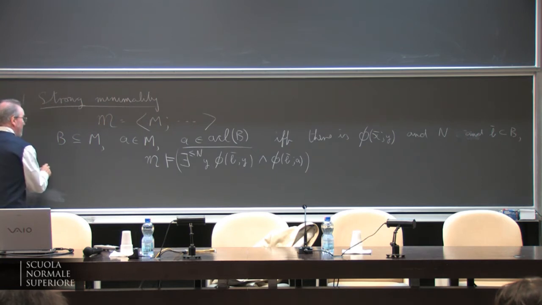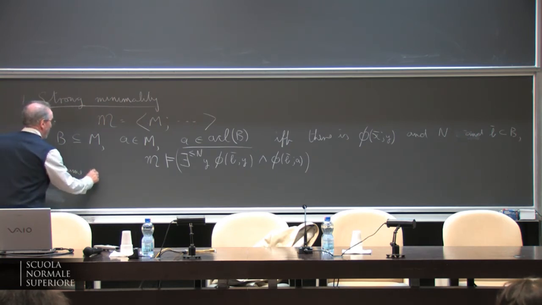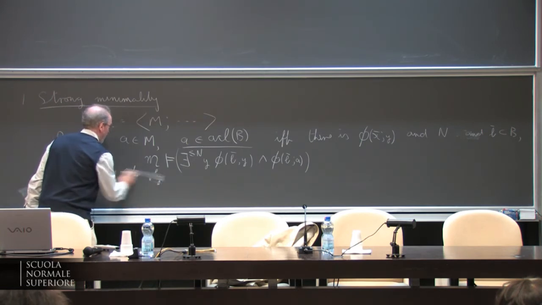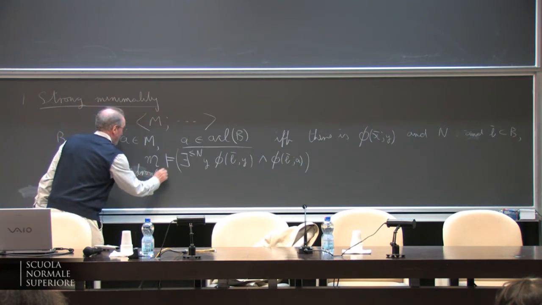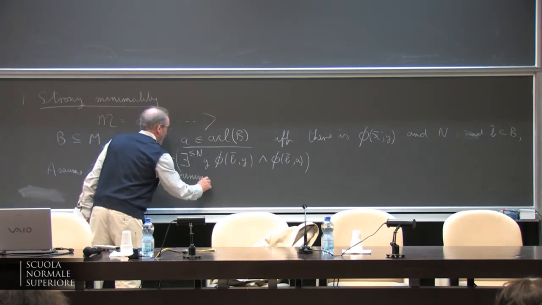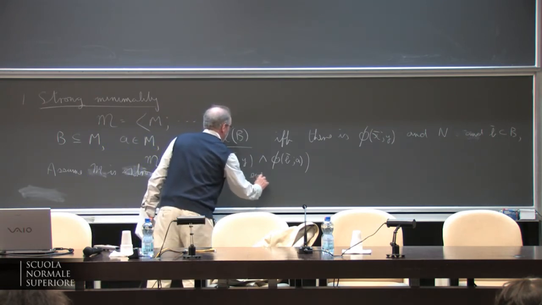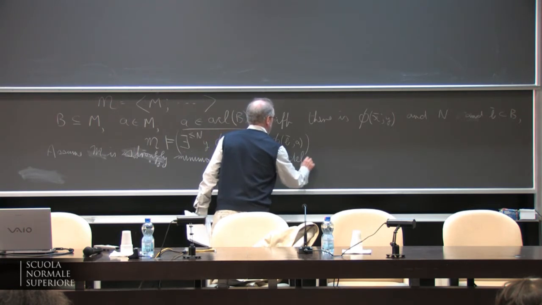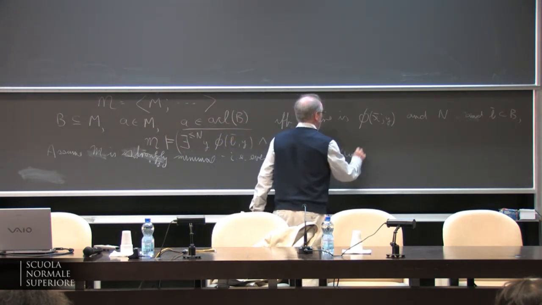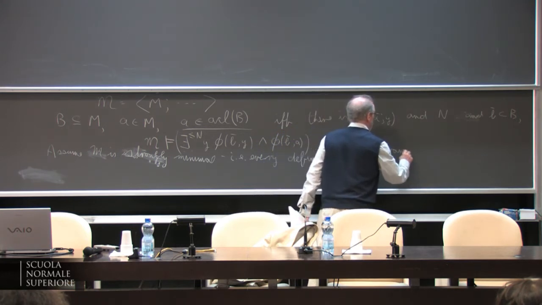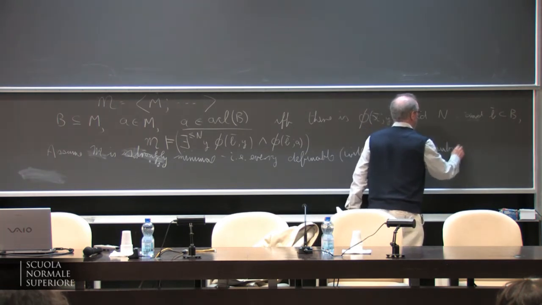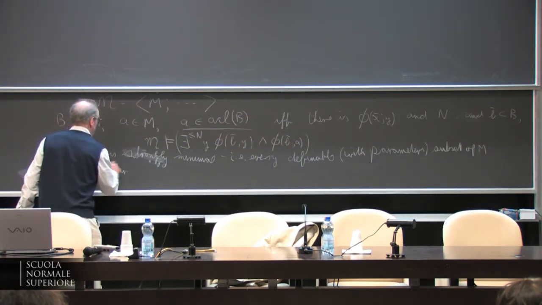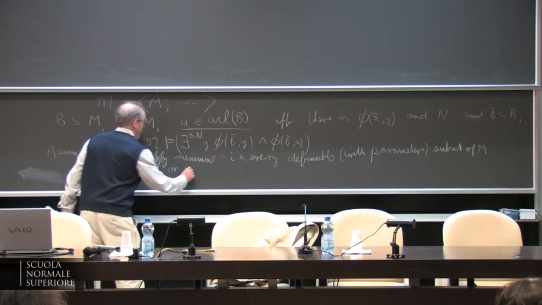So assume M is strongly minimal, which means, i.e., every definable subset of M, and we allow constants from the model, is either finite or cofinite.